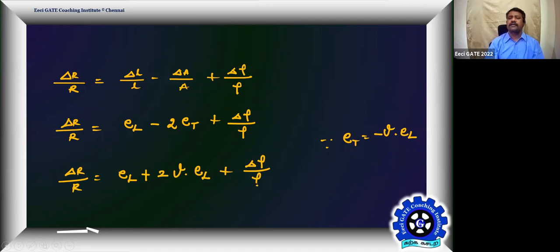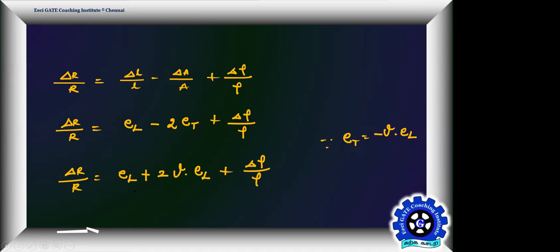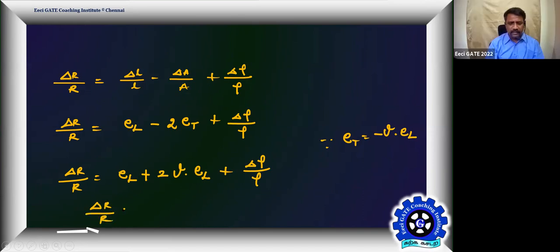Now take EL common. Then delta R by R is equal to EL into 1 plus 2 times the Poisson's ratio plus 1 by EL into delta rho by rho. Agree?